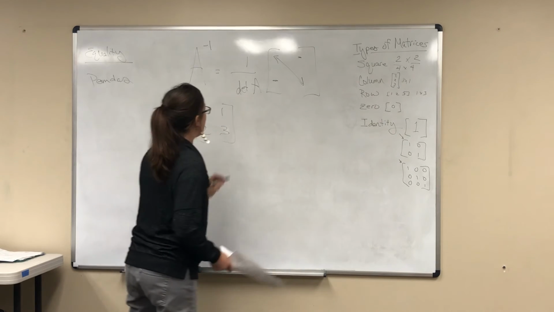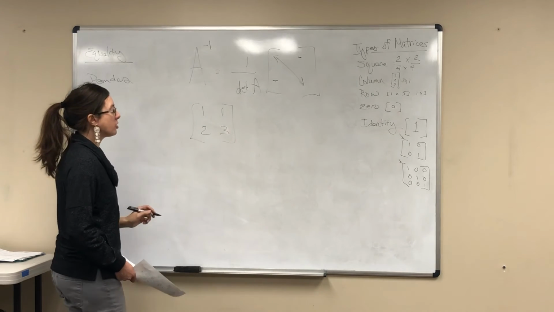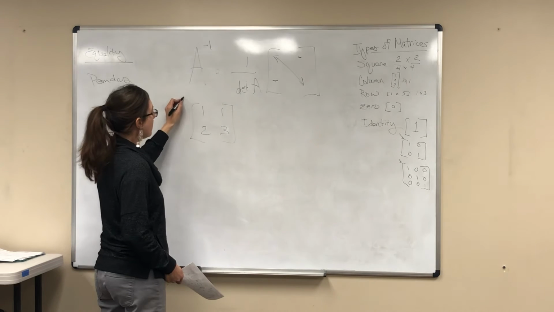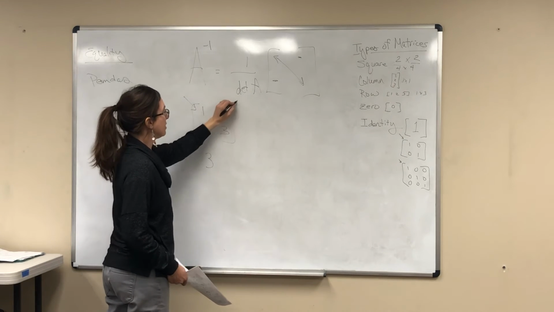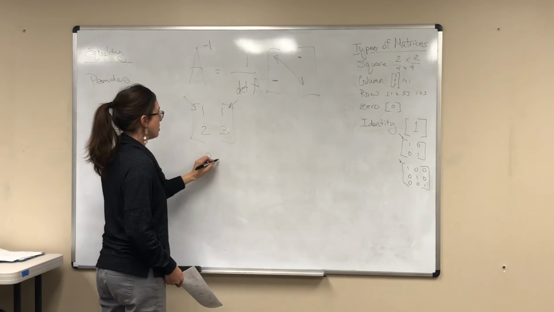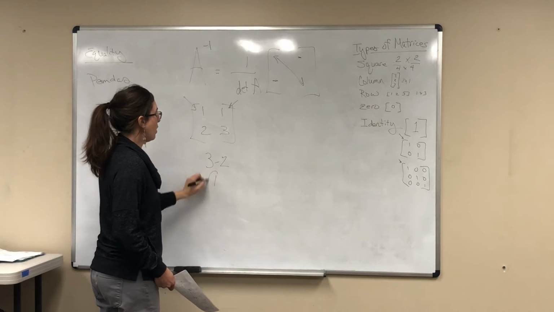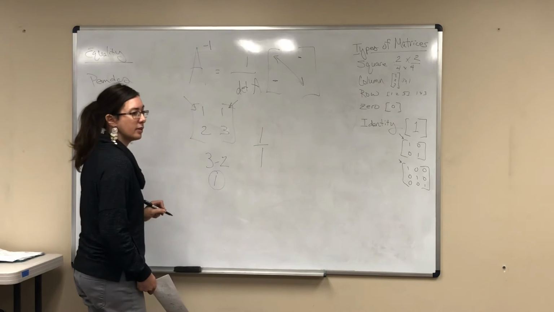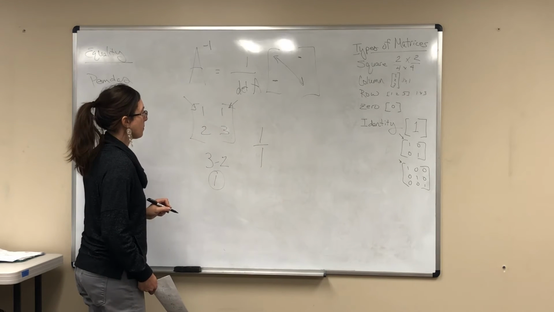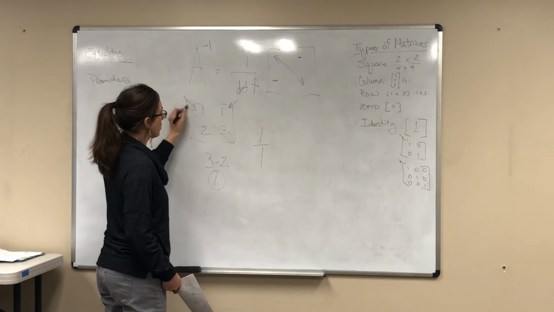First, we need to find the determinant. How do we find the determinant? 1 times 3 is 3. And we subtract going back the other direction, 2 times 1. So the determinant is 1. So I have 1 over 1.